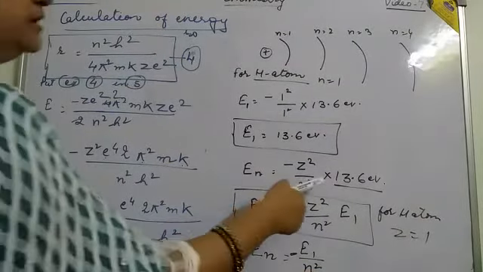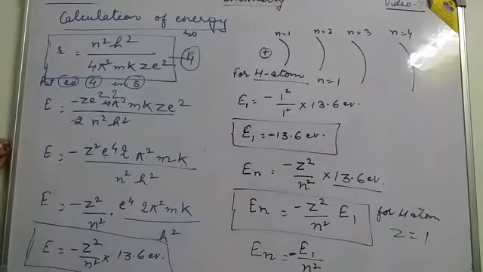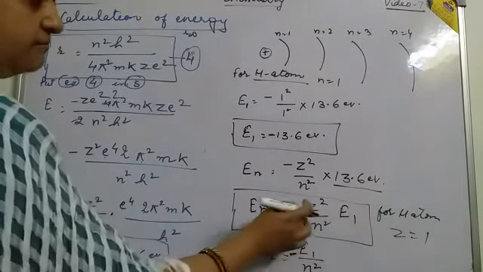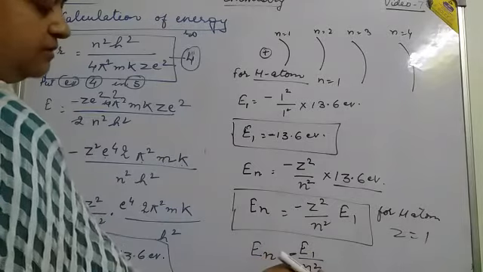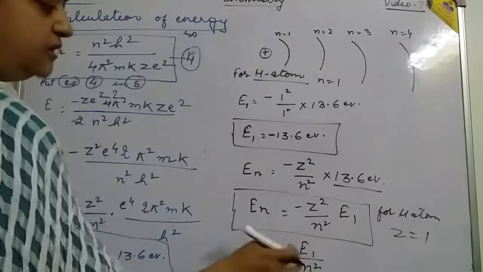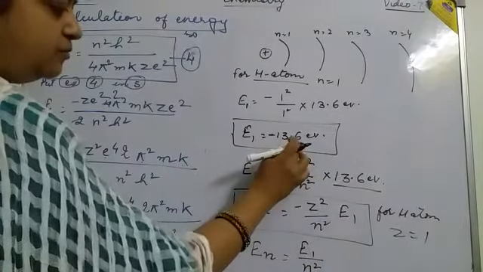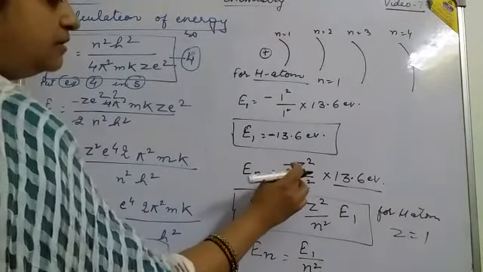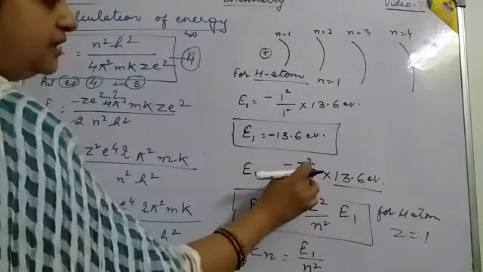E1 is minus 13.6, so there is no need of writing minus again if we consider Z is 1.